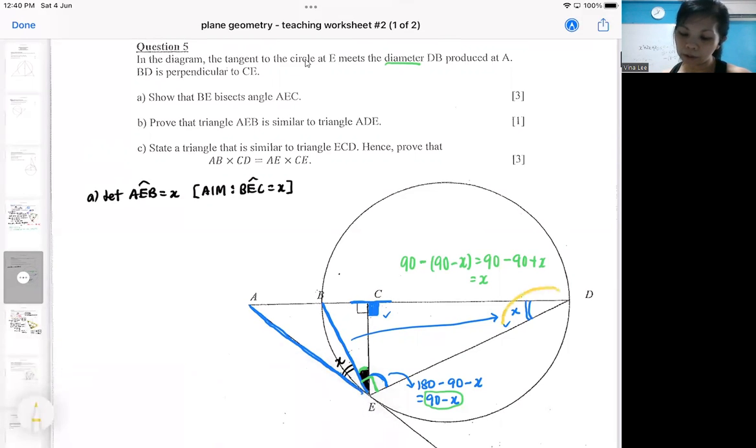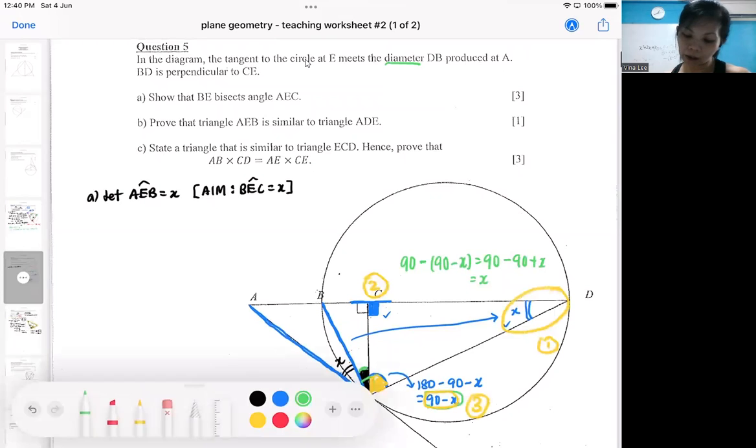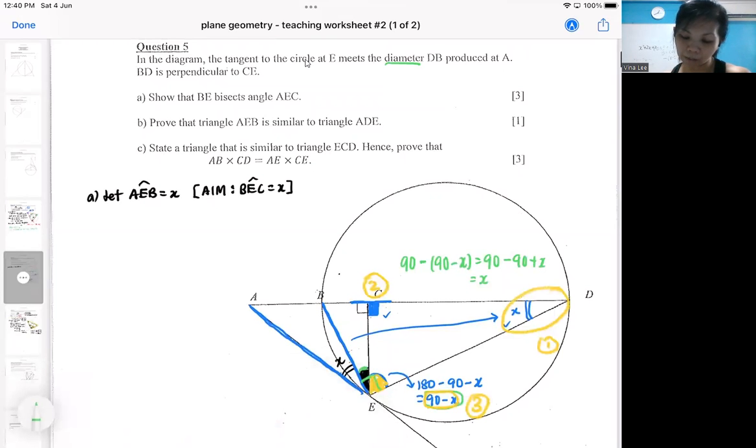So the first step is here. The second step is here, the angle on the straight line. The third step is here. The fourth step is the diameter, angle in the semicircle. So these will be the 4 steps that you need to lay out.